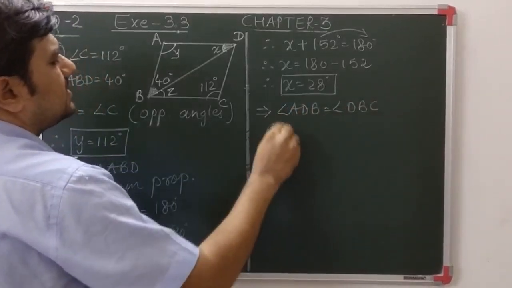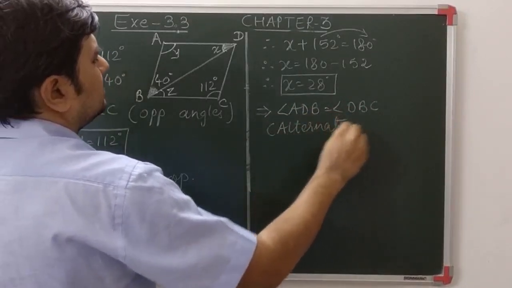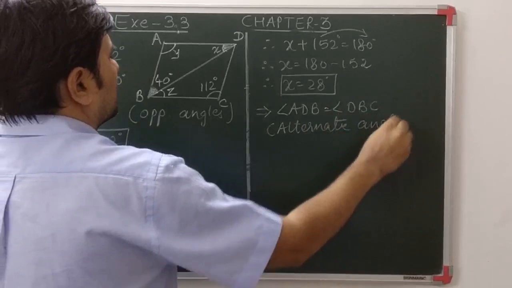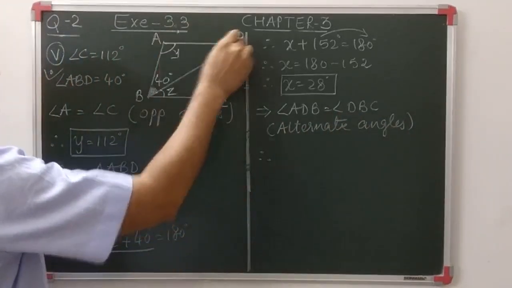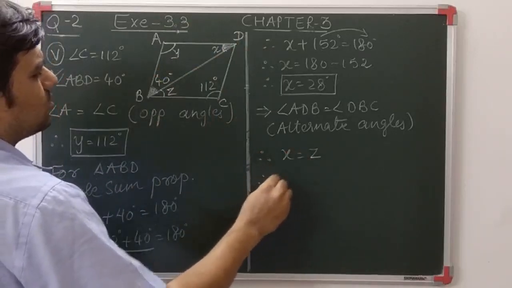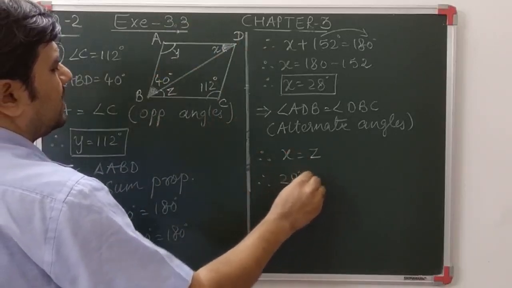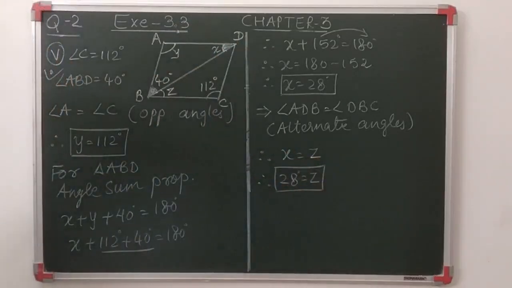We write the reason, they are forming a pair of alternate angles. So ADB, that is X, and this is Z. The value of X we have is 28, so we obtain the value of Z also. So thus the values of X, Y and Z are obtained for the given diagram. Thank you.